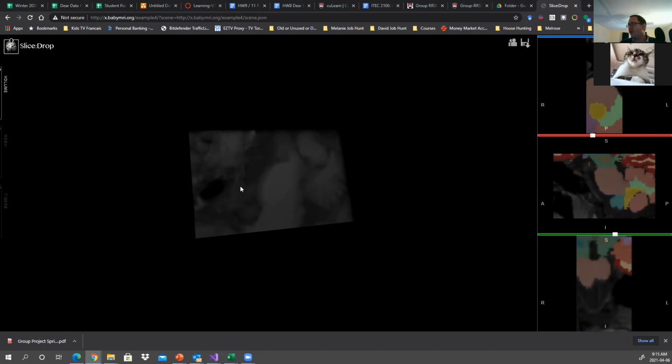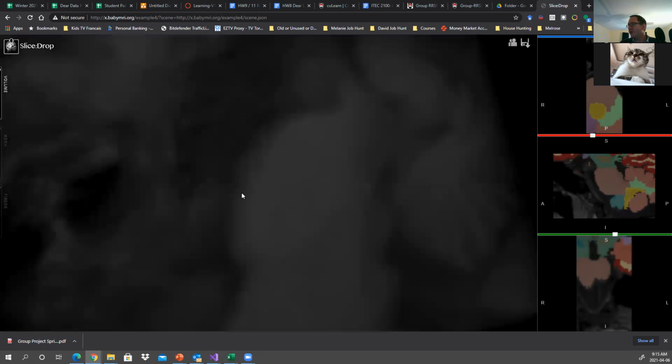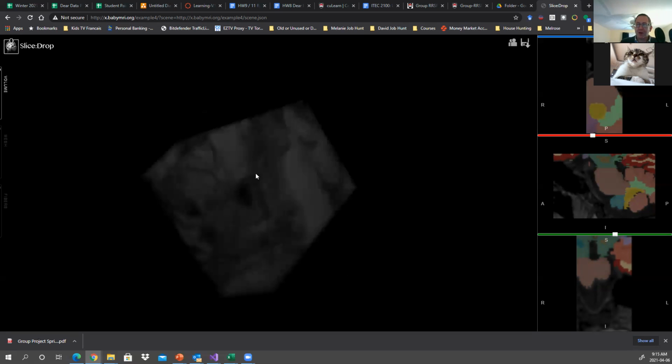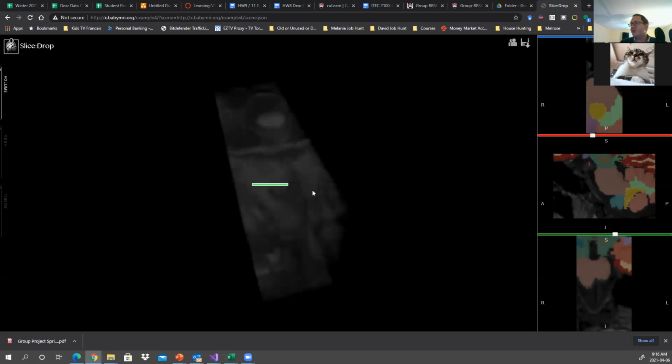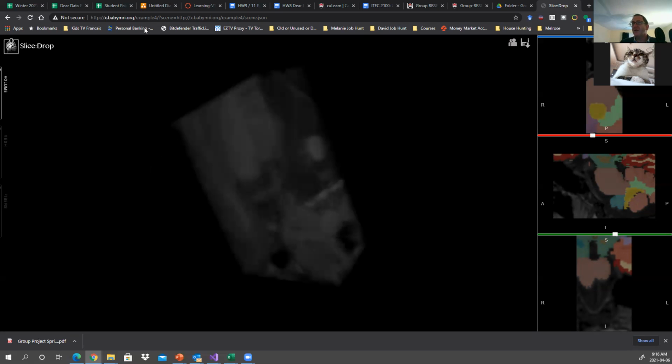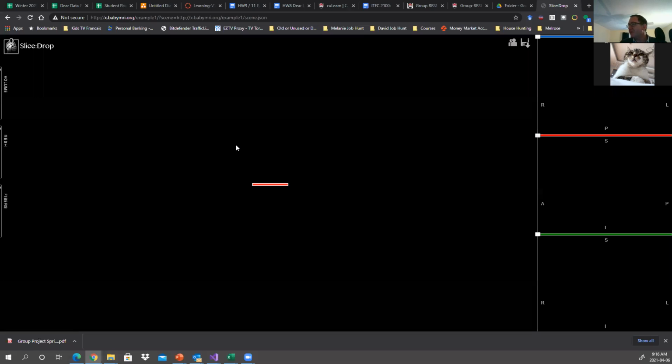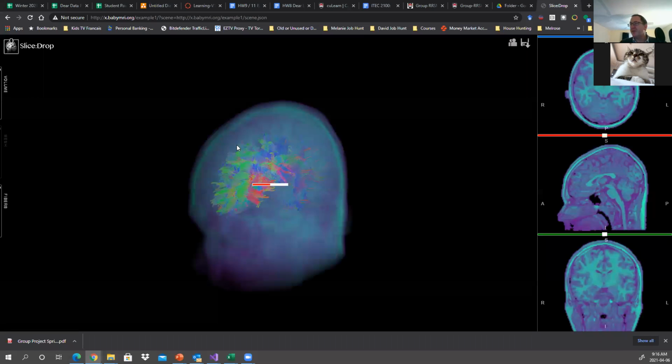Okay. I don't know why my thing is not showing up the full brain. It should be the full brain in here. Resize. This one. Oh, there we go.